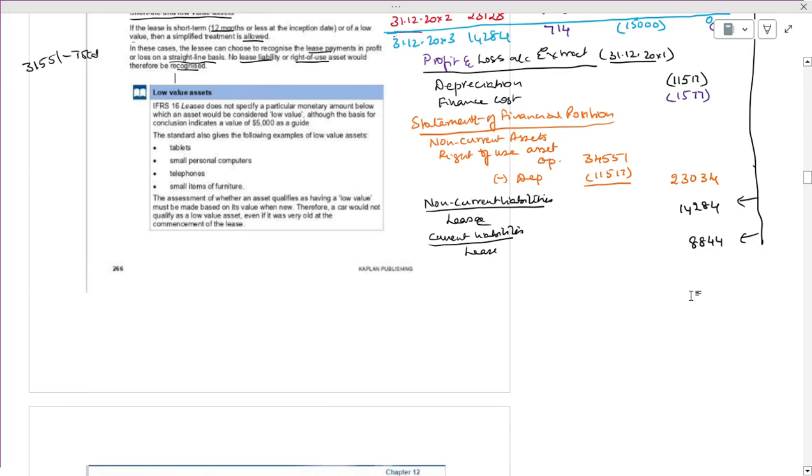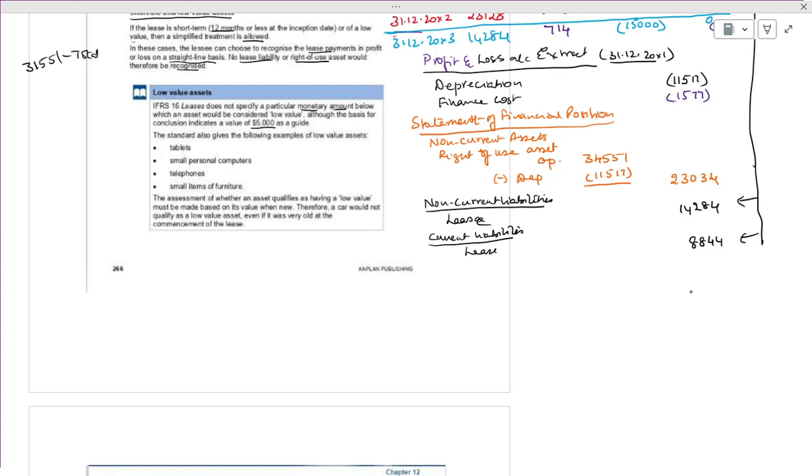IFRS 16 does not specify a particular value. They will not say what is low value or what is high value, although the basis of conclusion indicates a value of 5,000 as a guide. If it is below 5,000 it is low value, more than 5,000 it is high value.